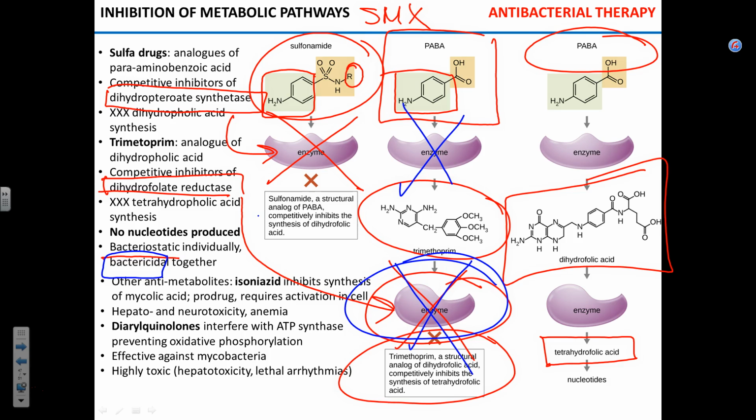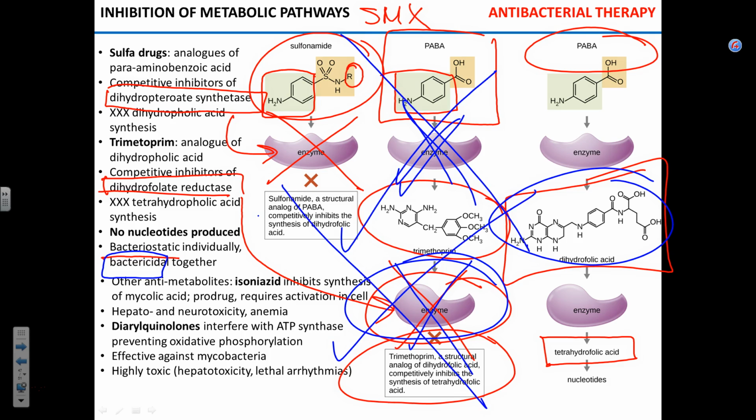If you block this, there may be other sources for dihydrofolic acid that will let you produce nucleotides. When you block both, the cell is toast, because you cover pretty much all bases. You guarantee you block this pathway. That makes sense?